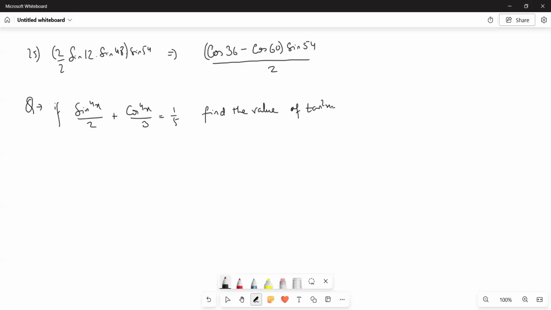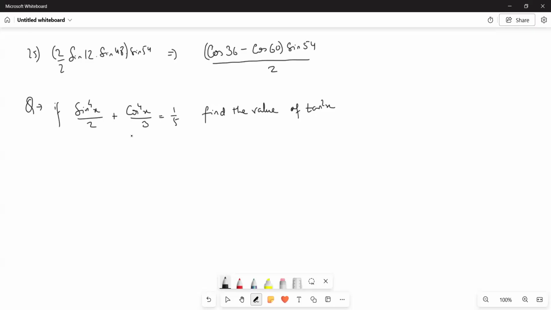Let me write it as sine power 4x by 2 plus cos power 4x by 3 is 1 by 5. Find the value of tan square x.